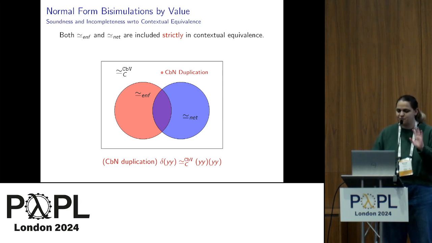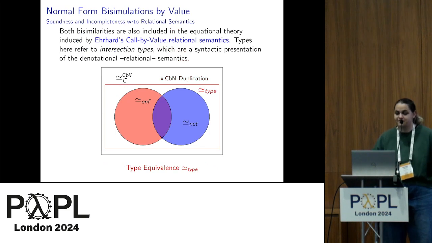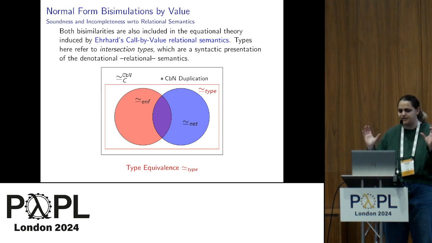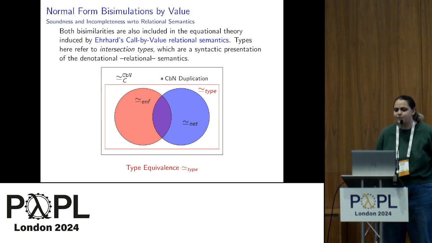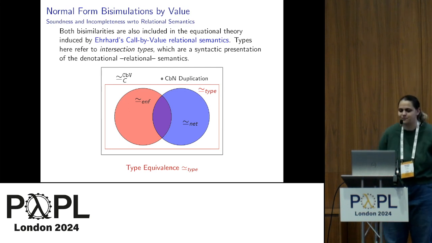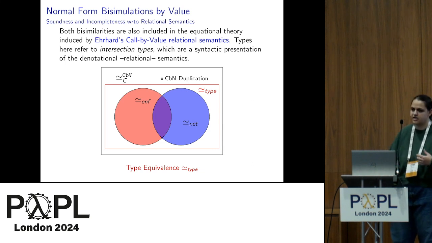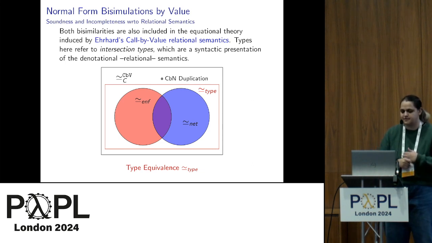So we're a bit weirded out by this, and we try to find something that is in the middle, that does not validate this weird call by name duplication, but still Lassen's and net are included in it. And we found, well, we didn't find it, but we actually see that Ehrhard's call by value relational semantics are in between. So I refer to this as type equivalence because we present them with intersection types, non-idempotent intersection types.